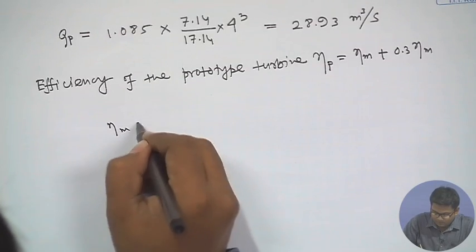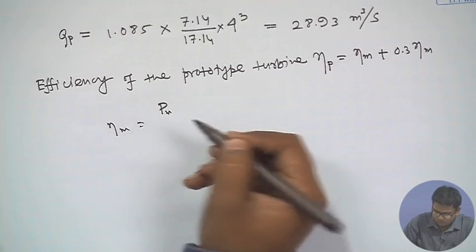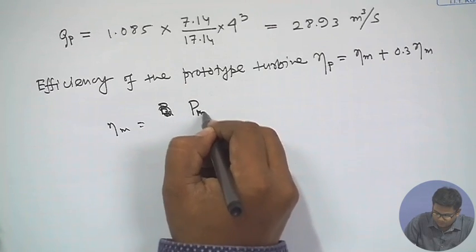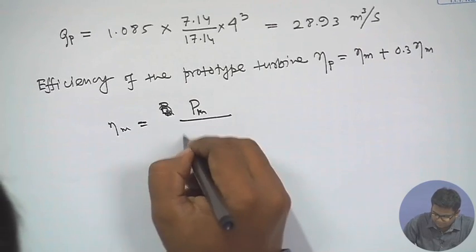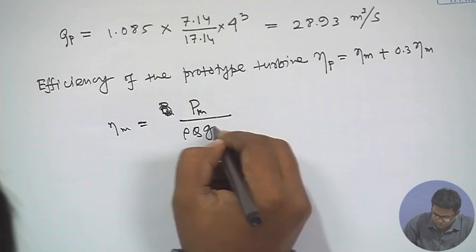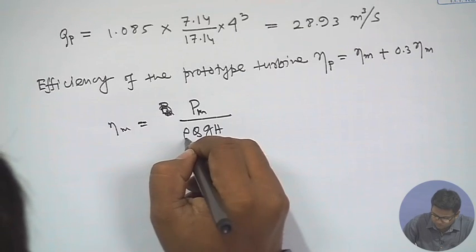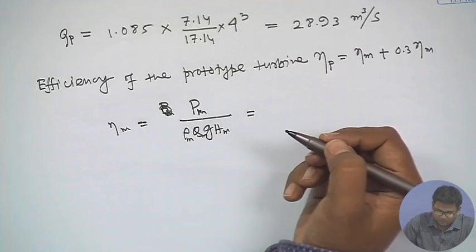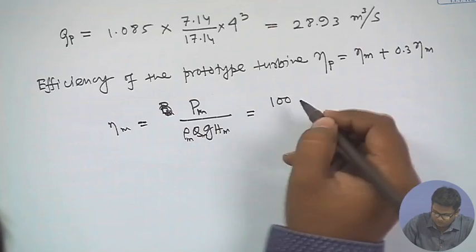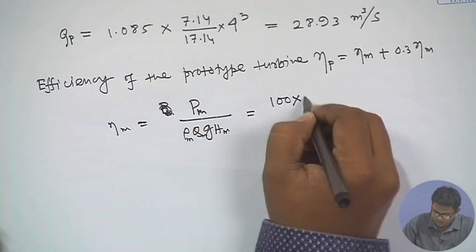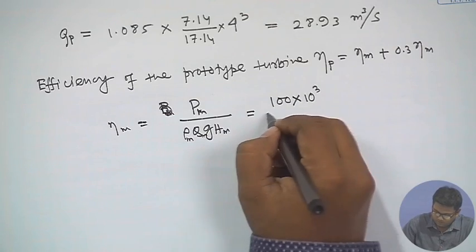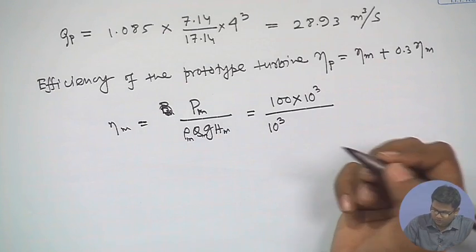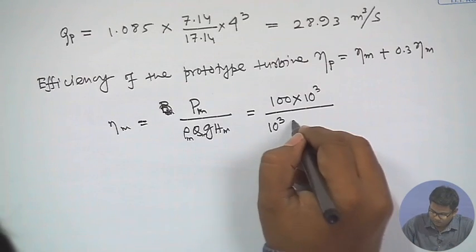Now eta m is the power output by the model Pm divided by rho Q g H, so rho m Qm Hm. Power output from the model turbine is 100 kilowatt. Density for water is 1000.